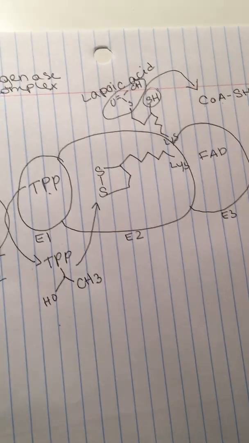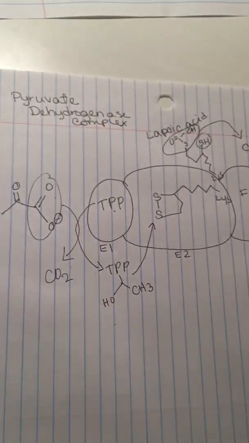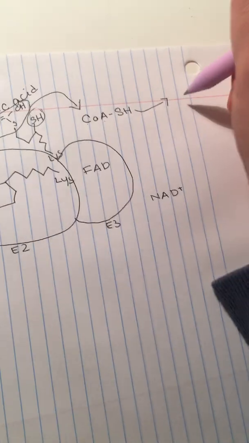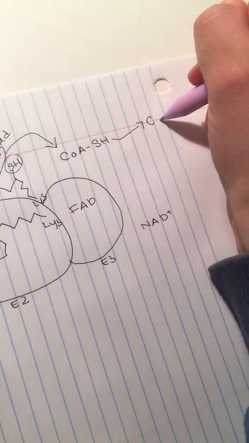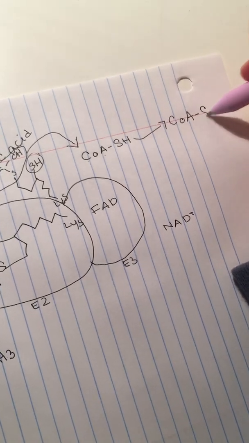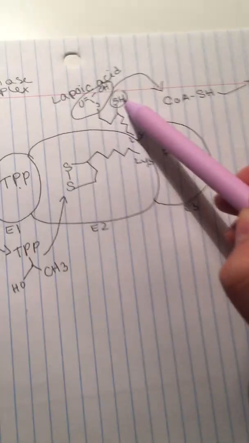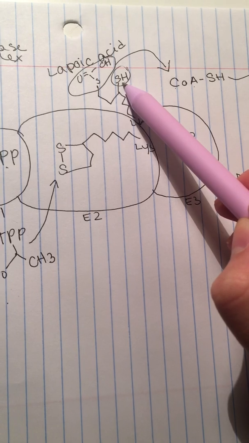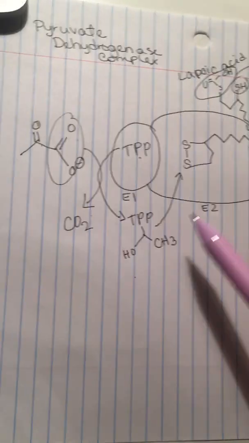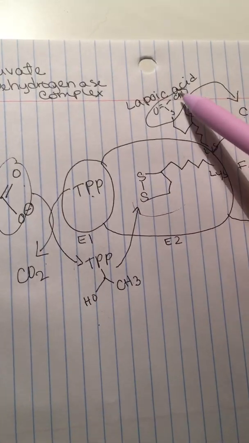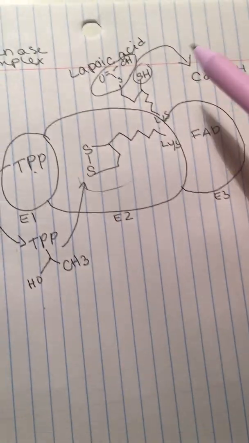So that comes over here. And this will form, and this is formed because the sulfur from the lipoic acid will take the acetyl group, or the sulfur from this molecule in E2 will take the acetyl group in the lipoic acid, and it will form acetyl CoA.